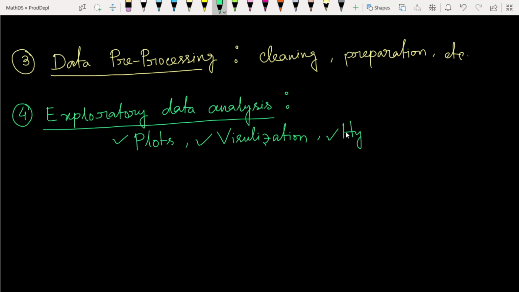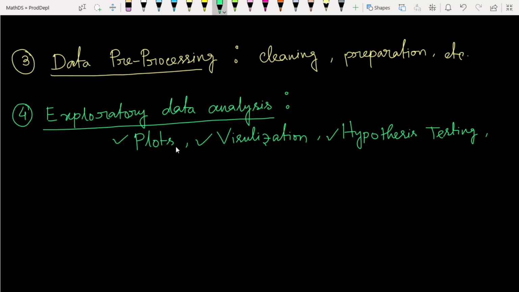These are the kinds of steps we have to take in this step, hypothesis testing. And slicing the data is also important, to divide the data.